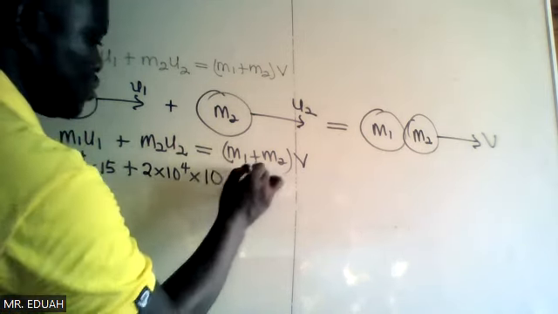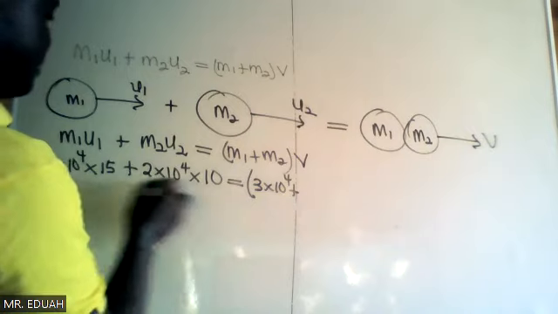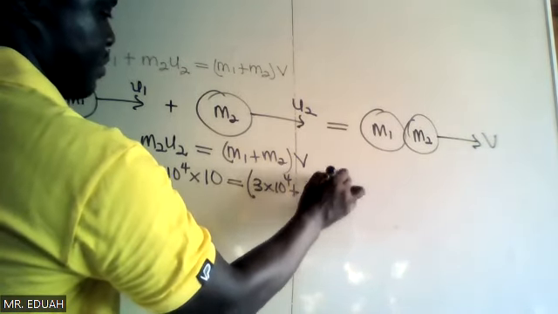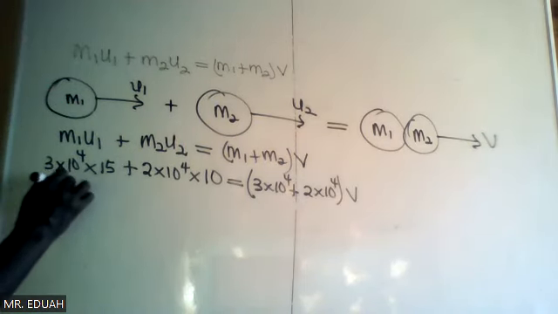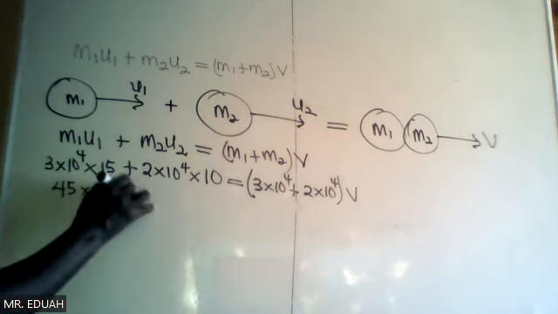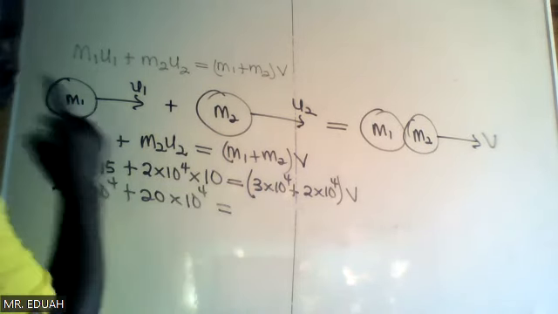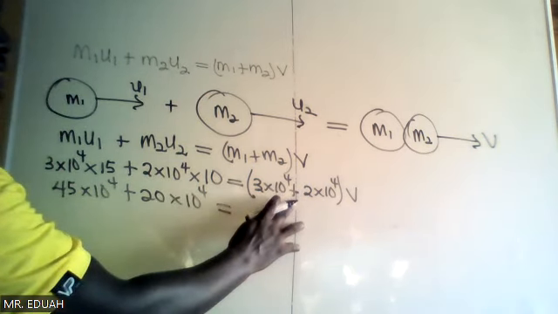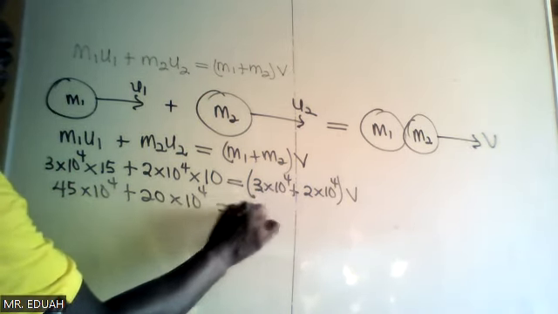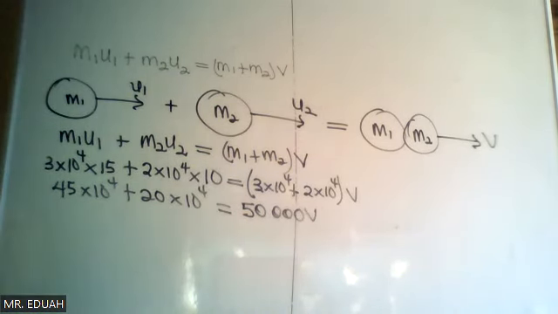And this must be equal to the addition of their masses times their common velocity. Okay, this is 45 times 10 to the power 4 plus 20 times 10 to the power 4. This is equal to 30,000 plus 20,000, giving us 50,000 V. So V is the common velocity.